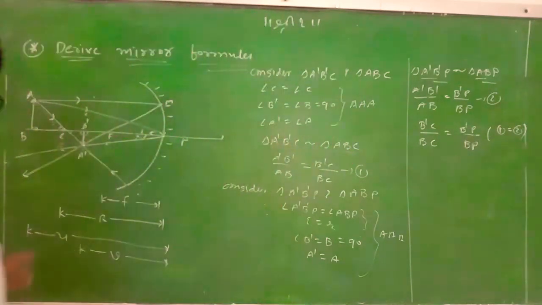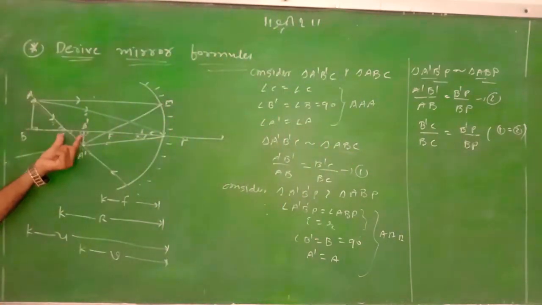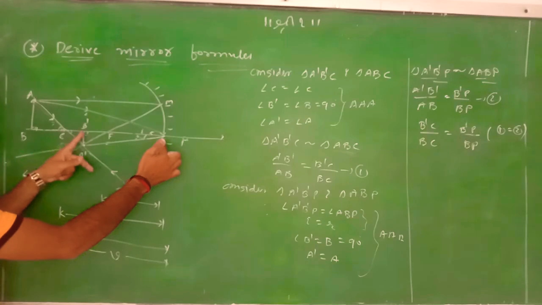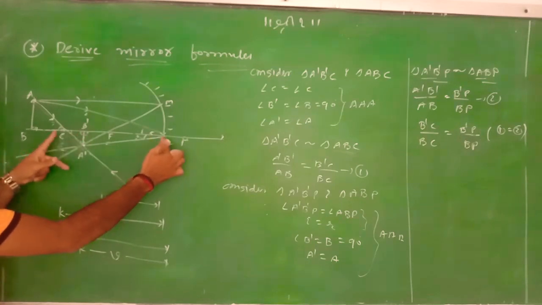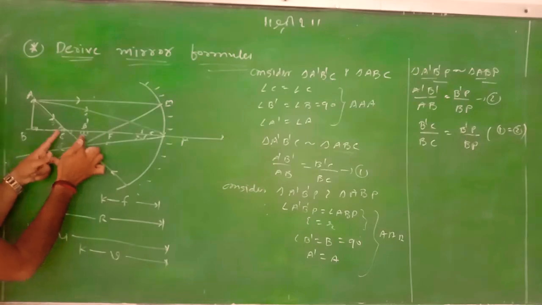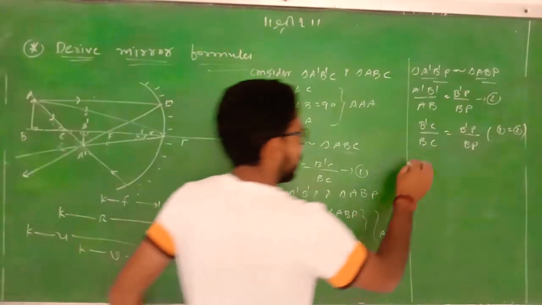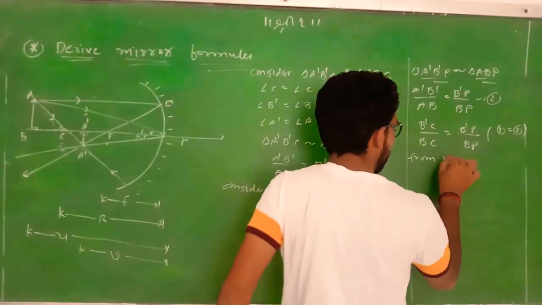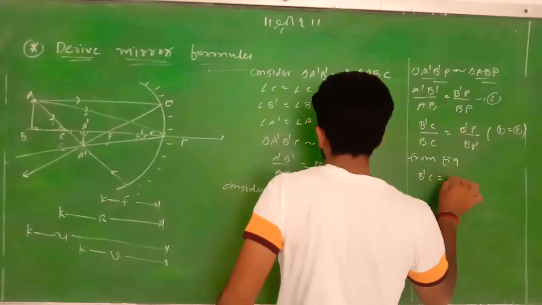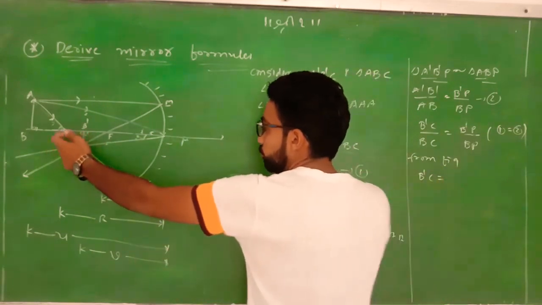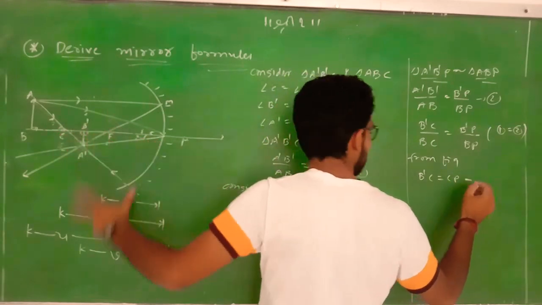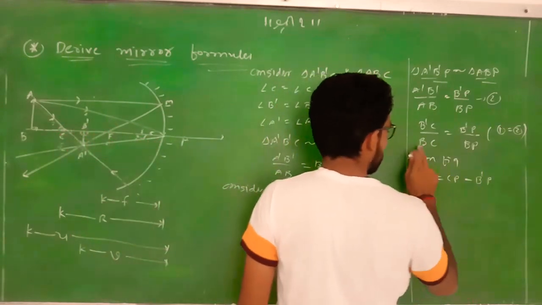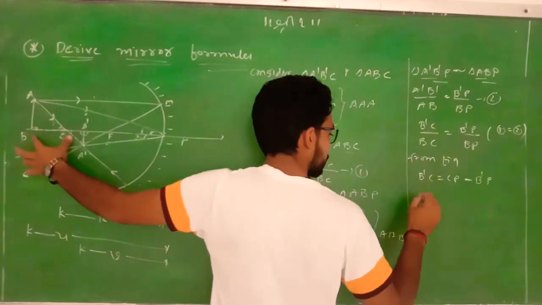Okay, so now you can see this B dash C, that is CP minus B dash P. When you subtract this B dash P from this total CP, you get this distance. So from figure we can say that B dash C is equal to CP minus B dash P. Also similar BC, you can see BC.